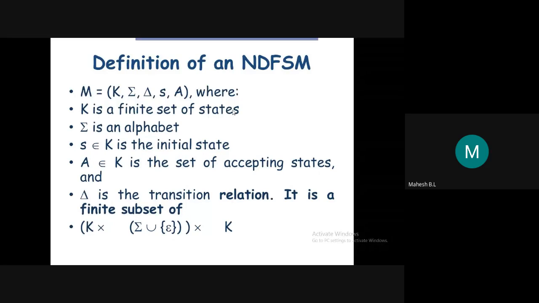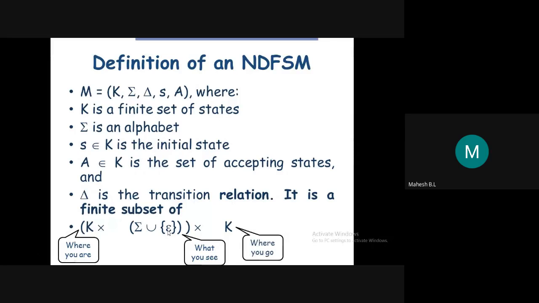But delta is not a transition function, it's a transition relation. It goes from K, the current state where you are right now, and the next thing you see, one of the input symbols, or it can be epsilon, that is, you can make the transition without reading anything. The output is where you go, the next state.